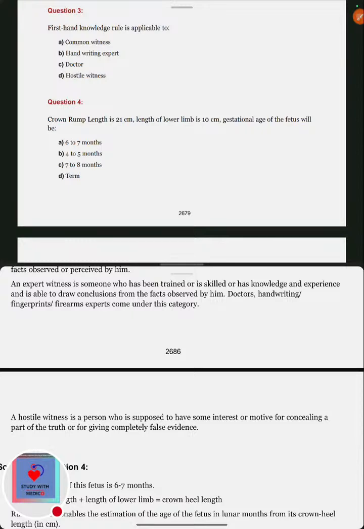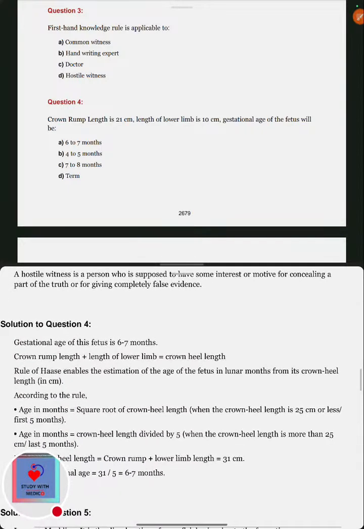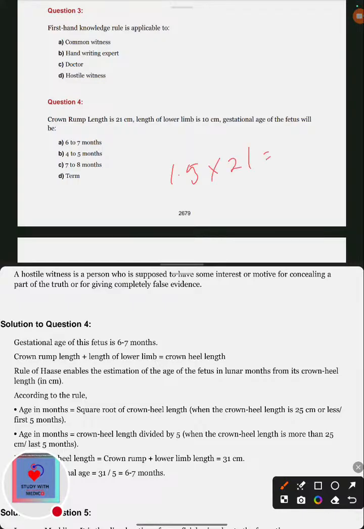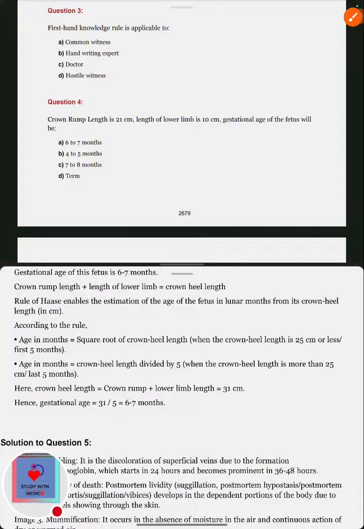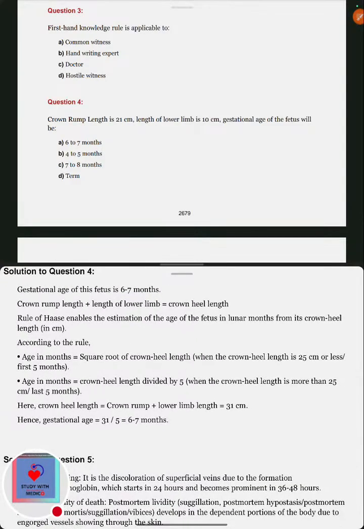Gestational age of the fetus is? Okay, we can find this out.